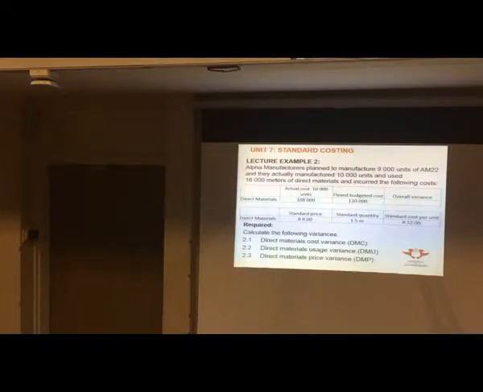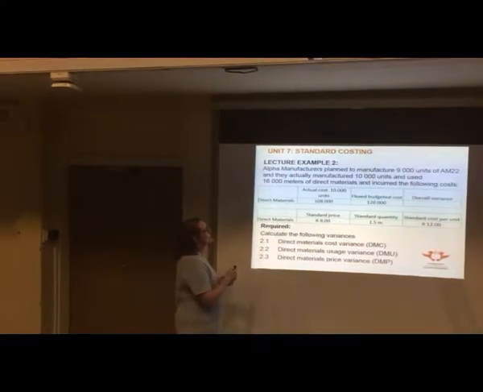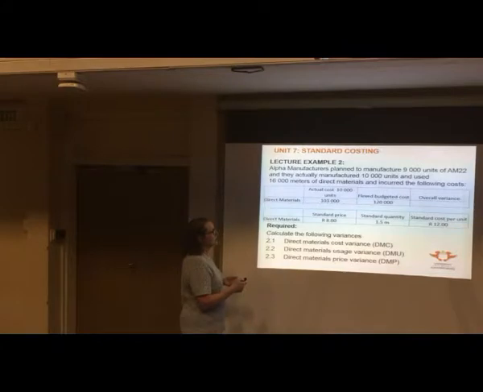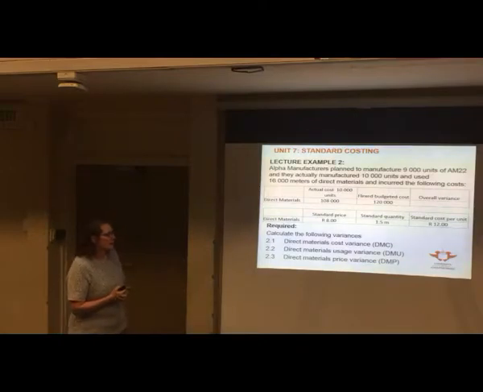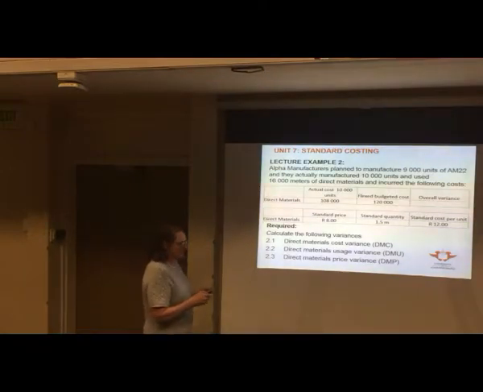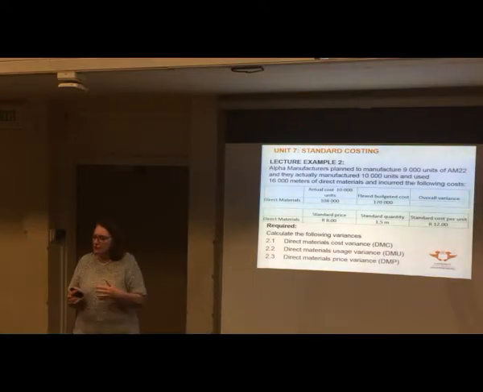That's going to be your actual price. It cost us 108,000 Rand and we used 16,000 meters, so the actual price per meter must be 108,000 Rand divided by 16,000 meters. Now we've got everything we need to do all the calculations.